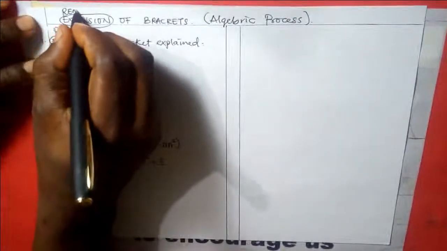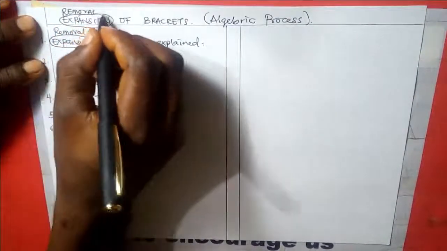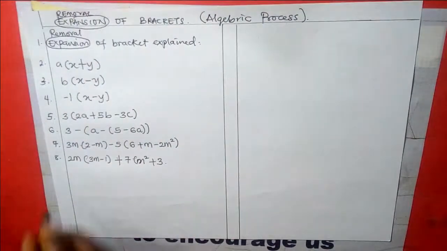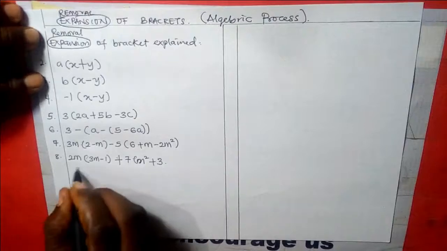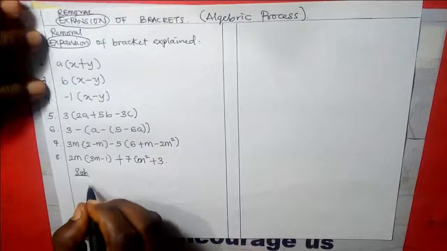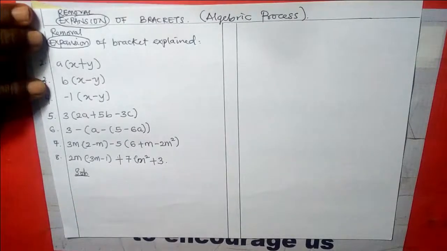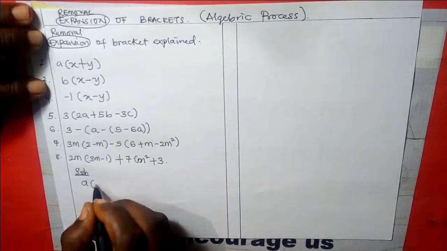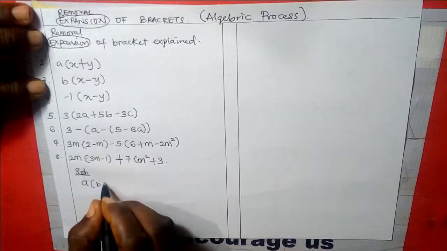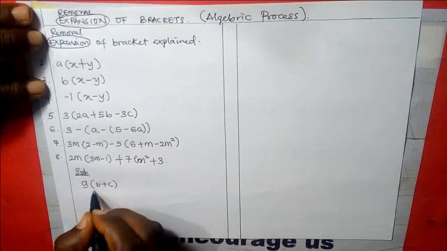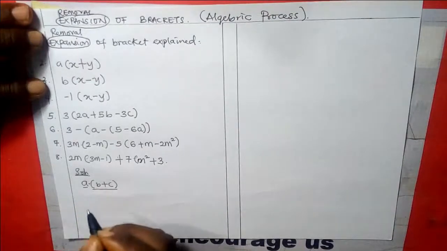How do we remove bracket? When you have an operation, addition or subtraction, inside a bracket and you have a number outside multiplying it, the sign between them is multiplication.